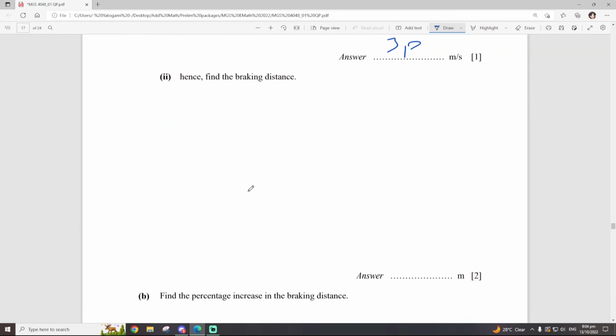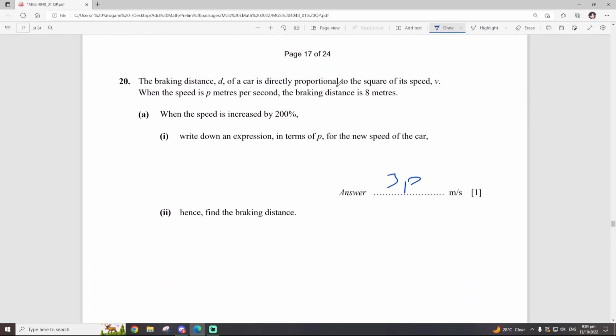I don't really like the working for direct inverse proportion usually, but it's directly proportional to the square of the speed, meaning to say that, let me write, first of all, there exists a real number k such that d equals kv squared.